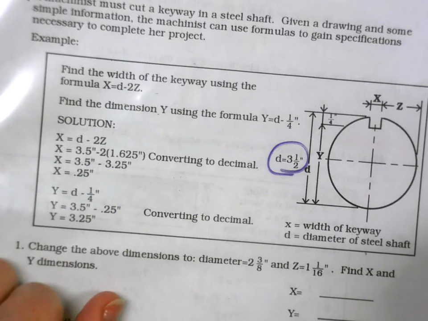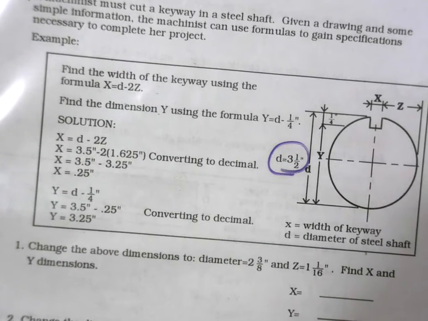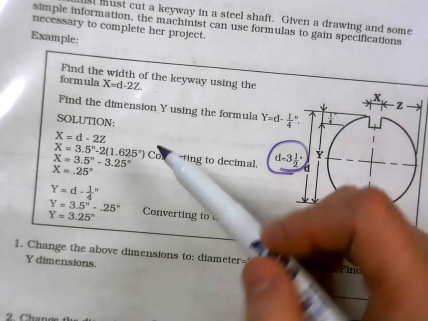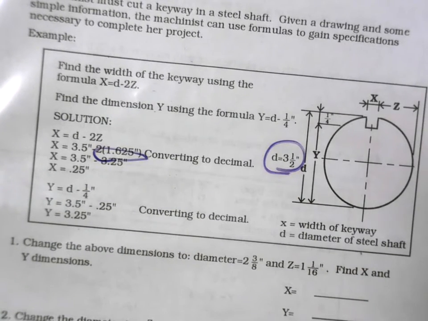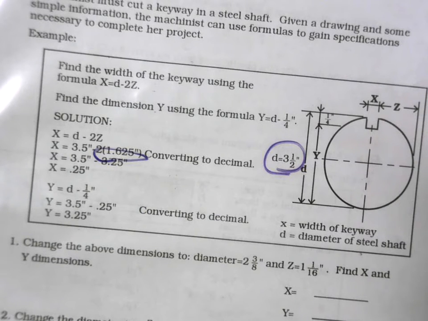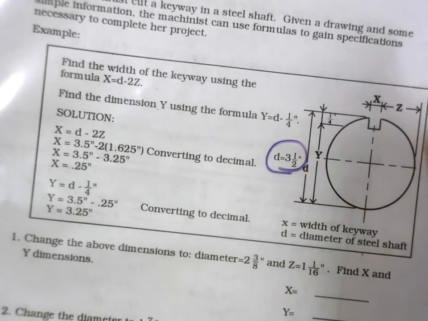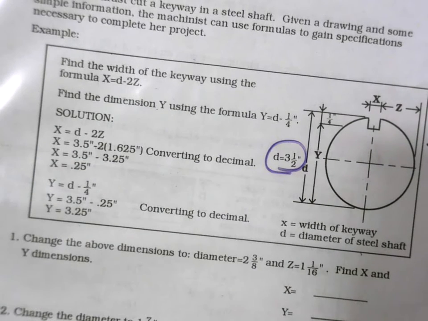What could be the measure of Z? 1.625. I know, it says it right here, but where does it say it on my diagram? It doesn't. That's what I was saying. So they give me a number here that it doesn't actually give me over here on the diagram.